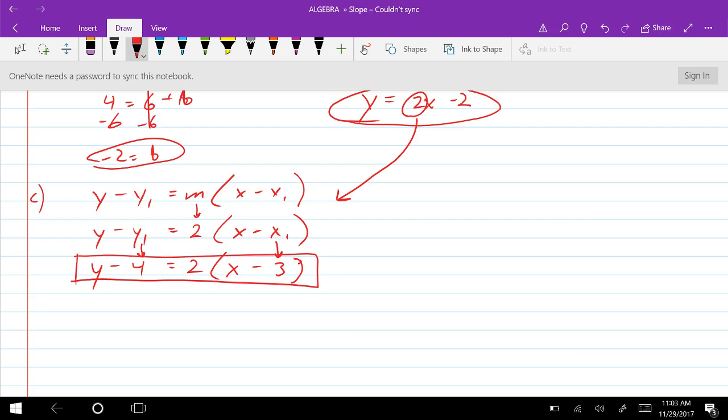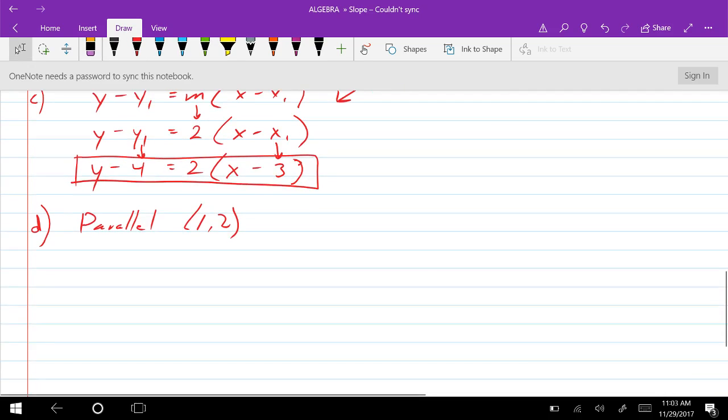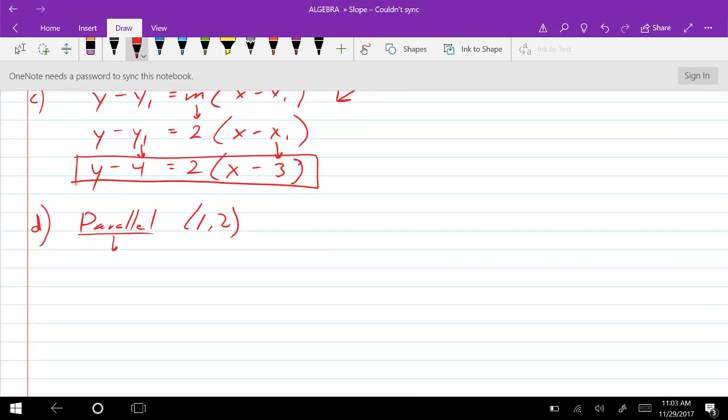Easy. Part D asks for the equation of the line that is parallel, passing through (1, 2). So parallel, and it goes through the point (1, 2). If I know that it has to be parallel, that's going to be the same slope. So my slope, m, is still 2.